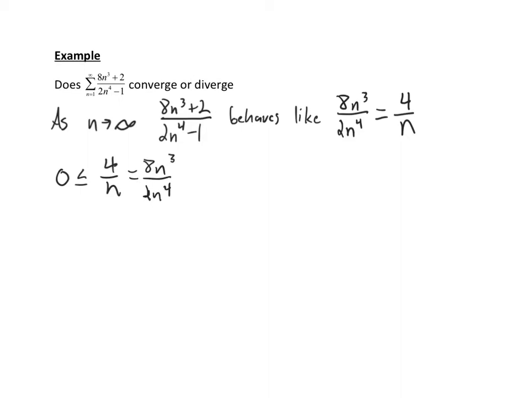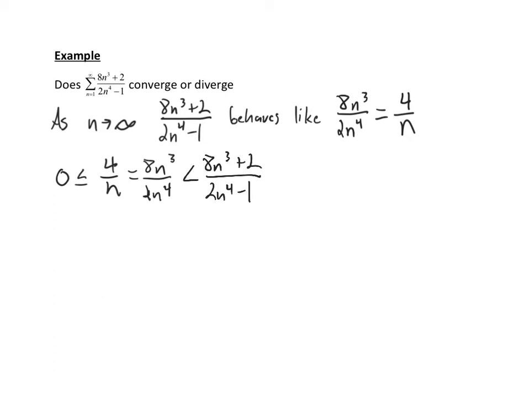That is actually going to be less than, because if we're adding 2 to the numerator and subtracting 1 from the denominator, you're making the numerator bigger and the denominator smaller. So that 8n cubed over 2n to the fourth has to be less than 8n cubed plus 2 over 2n to the fourth minus 1.